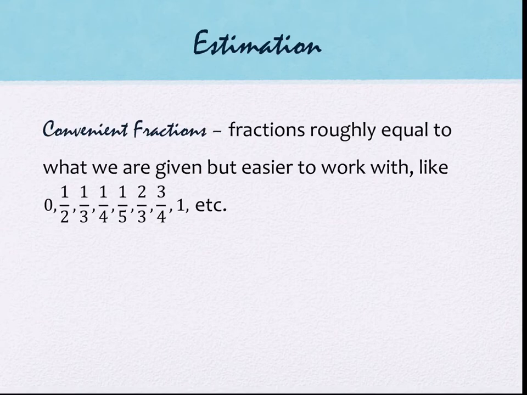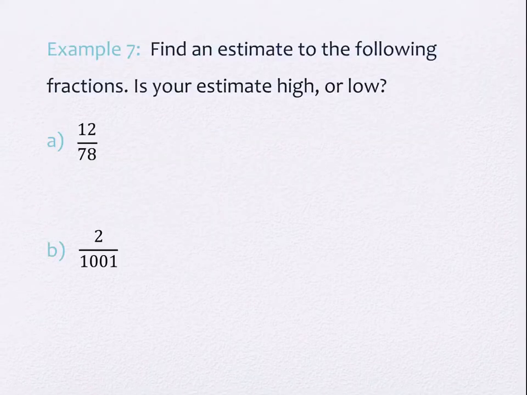Now, the ones that we're going to do, we're going to think of it as a general statement of what other fraction it is equal to without those given choices. So we're going to take 12/78 and then 2/1001, and we're going to find an estimate to the following fraction, and then decide if our estimate is a high estimate or a low estimate. Like, well, how did we change it? Did we make it slightly bigger, therefore it's a higher value, or did we make it slightly smaller?